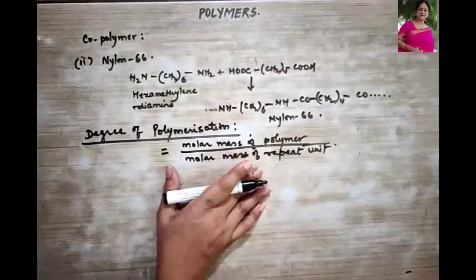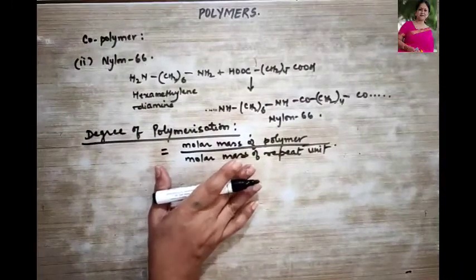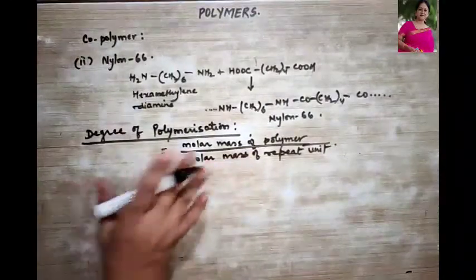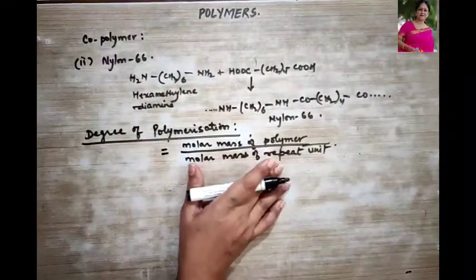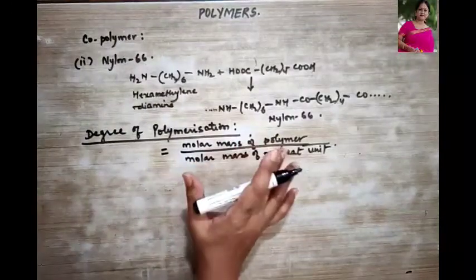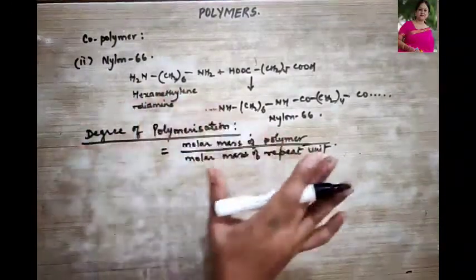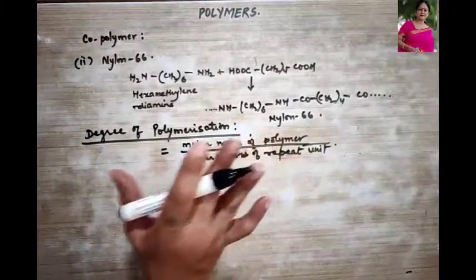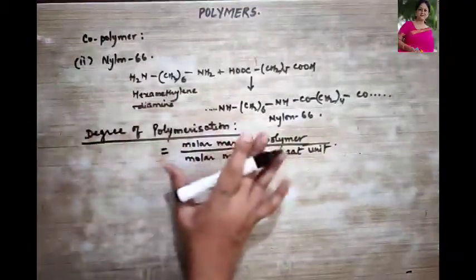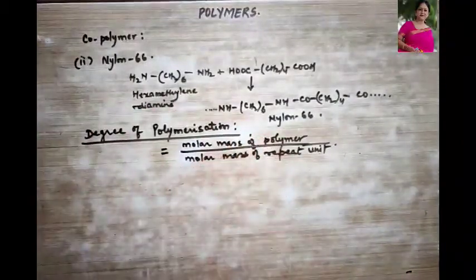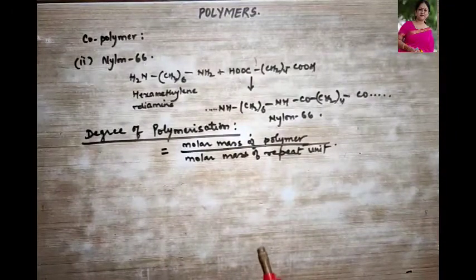Now next we come to classification of polymers. I will not go into deep classification of polymers in this video. In the next video I will start with the deep classification of polymers. Over here is just a rough idea of how the polymers are classified.